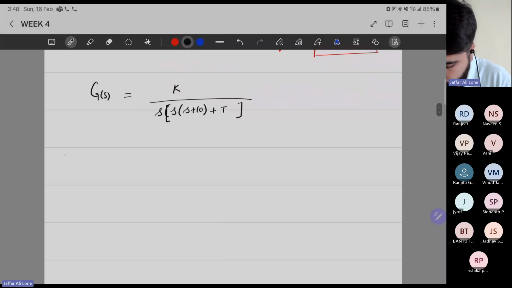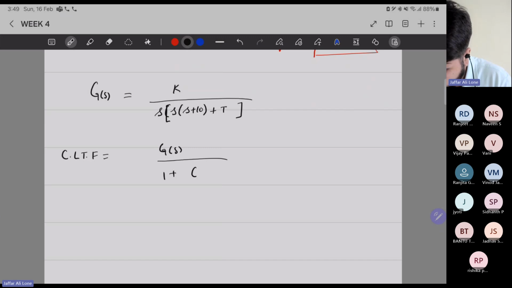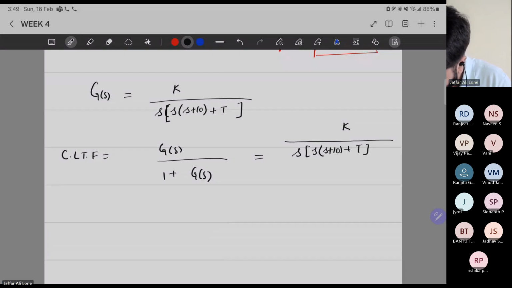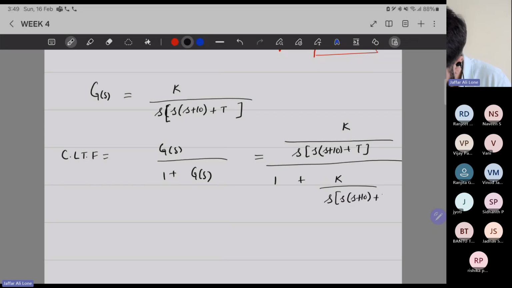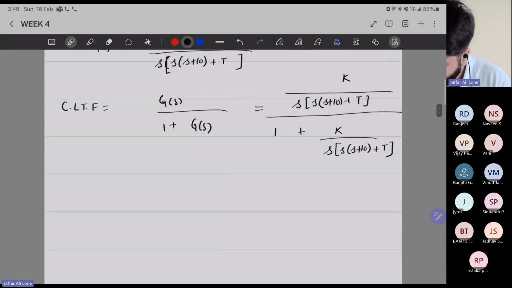So I'll write the closed loop transfer function: G(s) divided by 1 plus G(s), which is equal to K divided by s(s plus 10 plus t), divided by 1 plus K divided by s(s plus 10 plus t). Correct? Now I'll cross multiply.